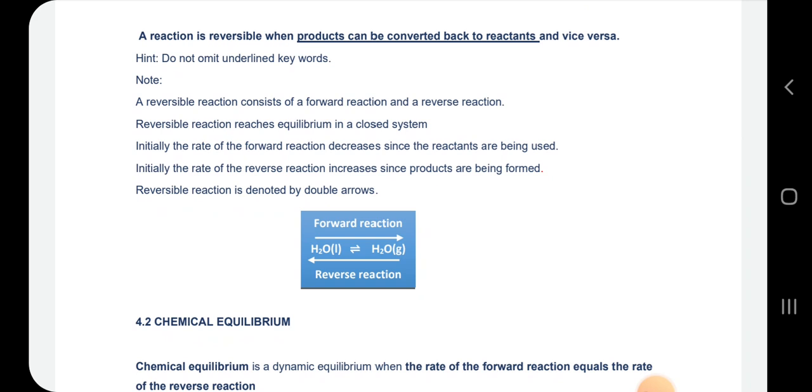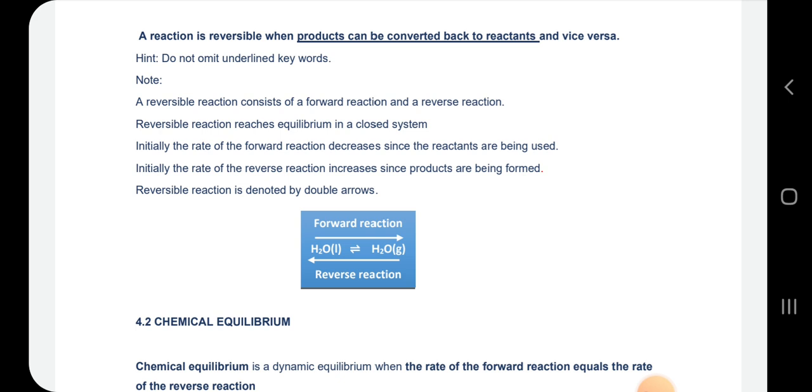So in a chemical reaction, when you have a forward and a reverse reaction, the whole thing is reversible. That is a reversible reaction. A reversible reaction reaches equilibrium in a closed system, which is what we have just explained.